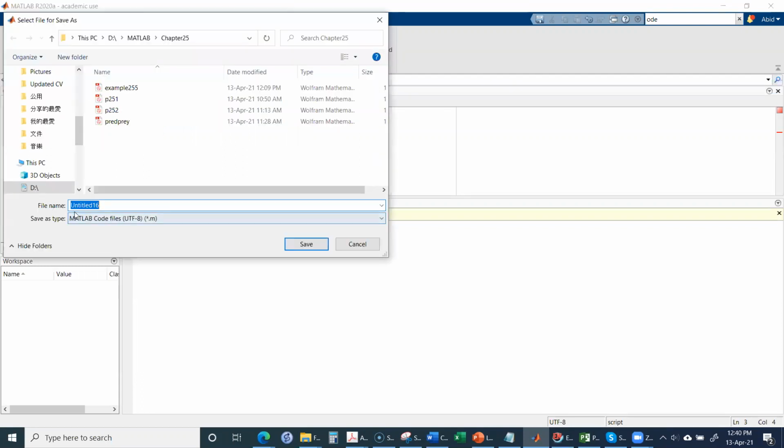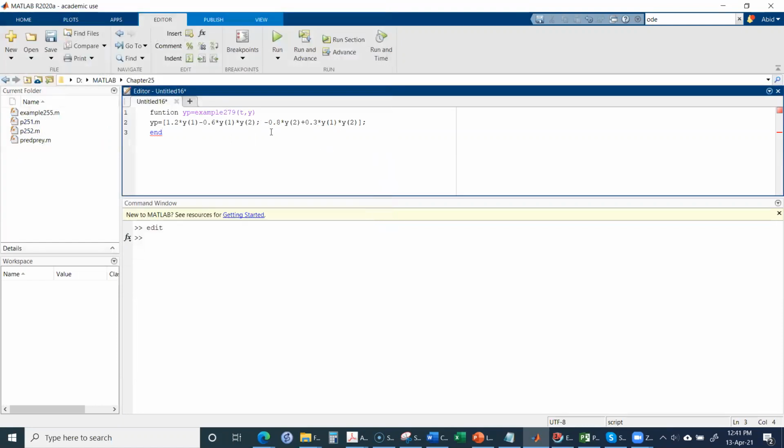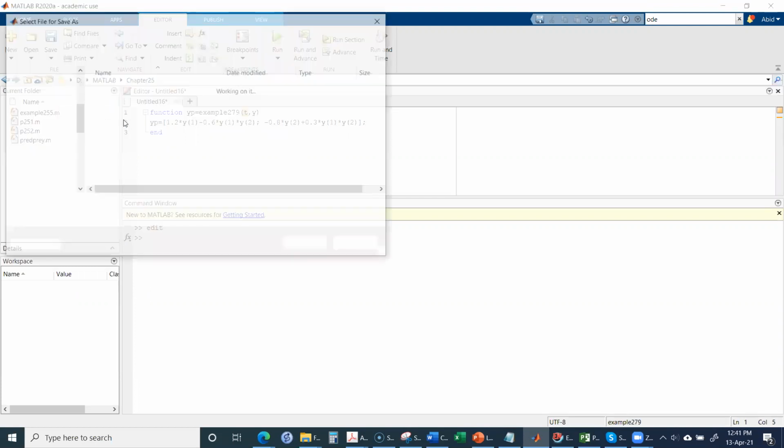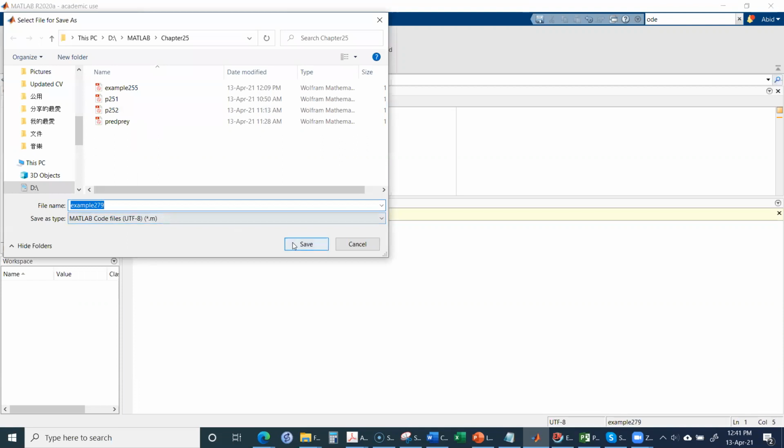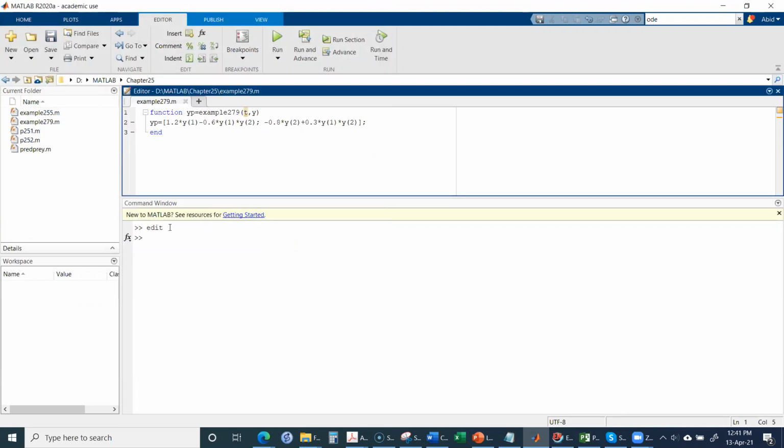So this function will be saved as, actually there is a mistake. Function, yeah, function. Now it will save as example 279, and then save it.